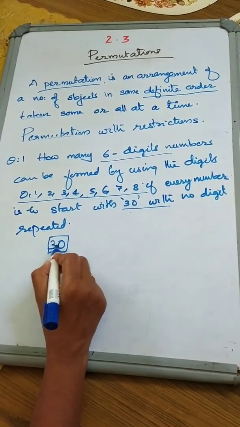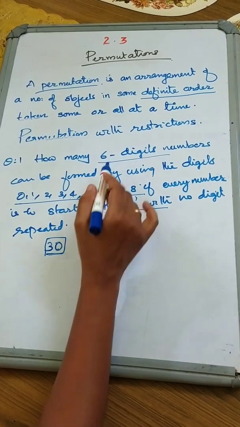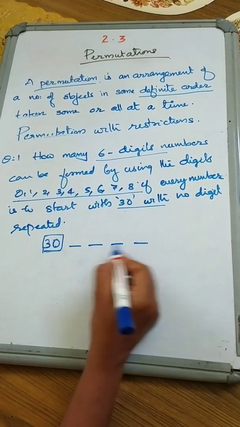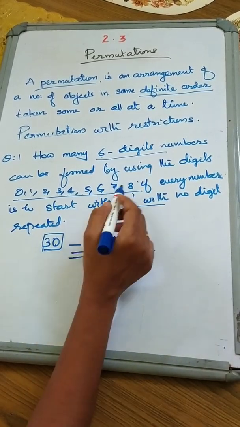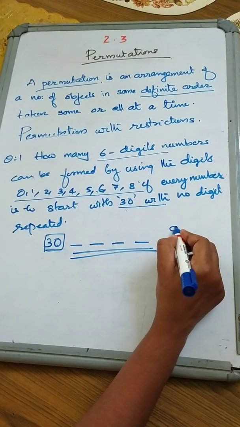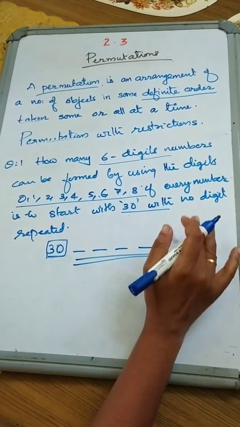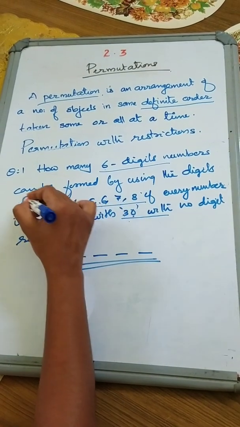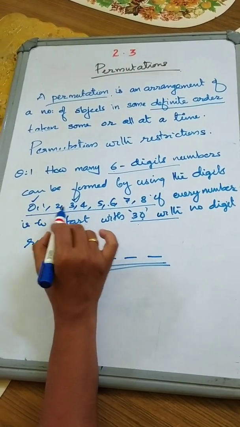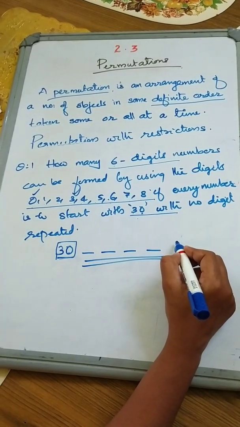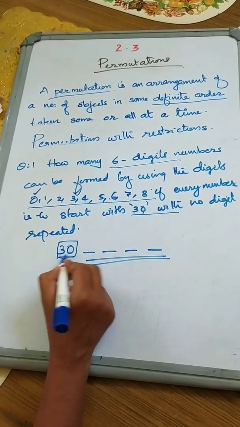So already 2 digits are there. Then we have 4 places to be filled from the remaining digits. With no digit repeated, 3 and 0 are already chosen and those positions are filled, so we have only 7 digits there, not 9.